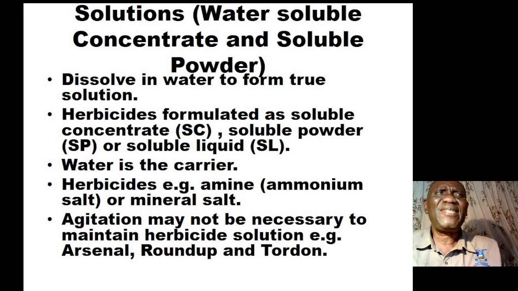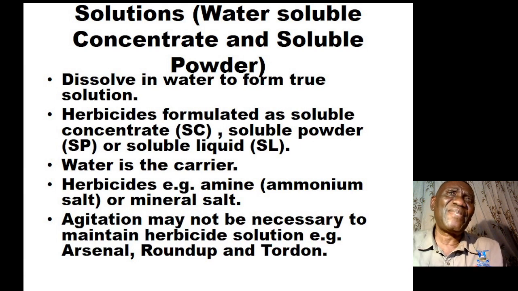Therefore, we may not need what is known as agitation, that is mixing, where when you are pumping, you have something inside the sprayer which is continuously mixing the solutions.